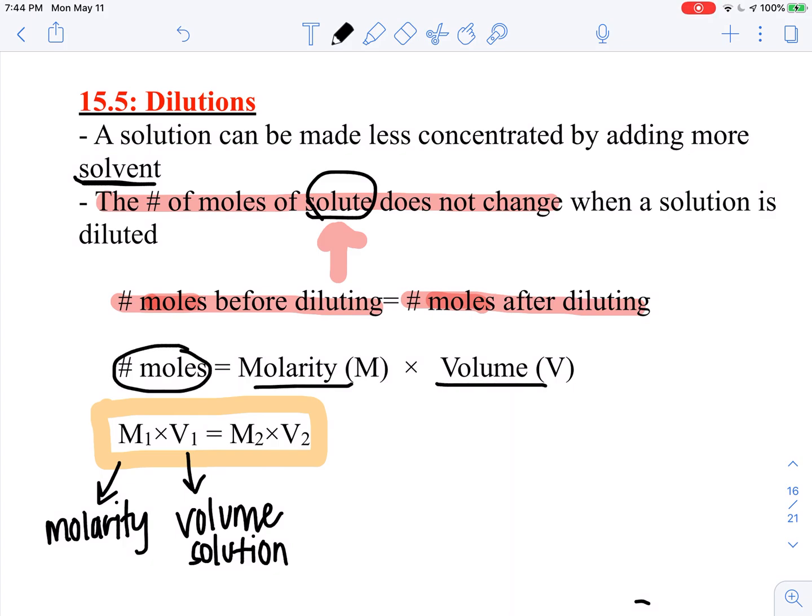So we can say that molarity times volume in the first half, the number of moles that we started with, is equal to the number of moles that we end with. And that's just because the only thing we're adding in is water, and that's not the solute, that's the solvent. So again, this moles of solute is not changing when we do a dilution. Okay, so again, M1 times V1 equals M2 times V2.